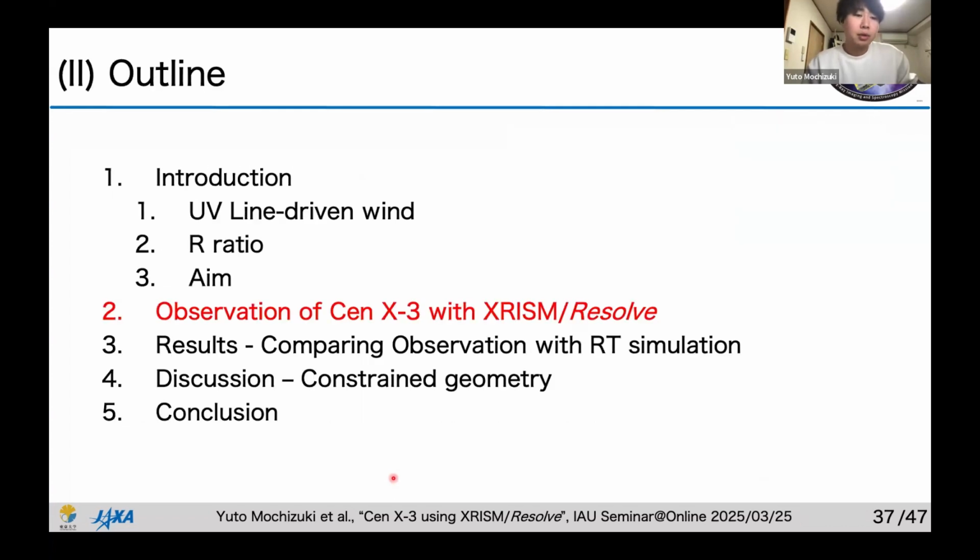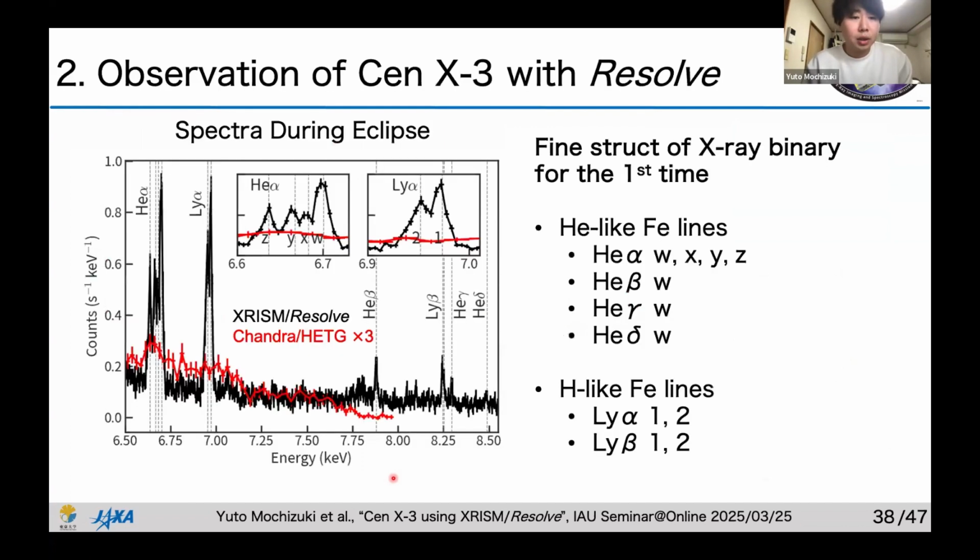Okay, again, I will show you the observational result of Cen X-3 with XRISM during eclipse. This is a spectrum during eclipse of Centaurus X-3. We can clearly observe the processed emission lines from the photoionized plasma because the X-rays from the neutron star are blocked by the O star.